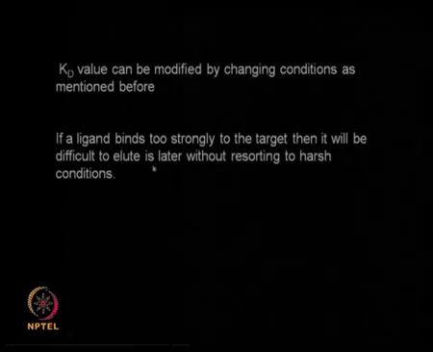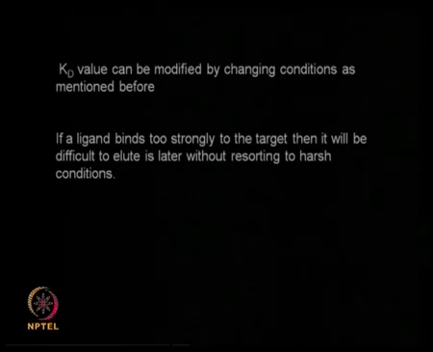But one big problem you need to consider is if the ligand binds too strongly to the target, then it becomes very difficult for it to elute out when you are doing the washing or when you are doing the regeneration. So you need to consider this particular point. We do not want too strong a binding, then you need very strong conditions to unbind whatever has been bound to the ligand.